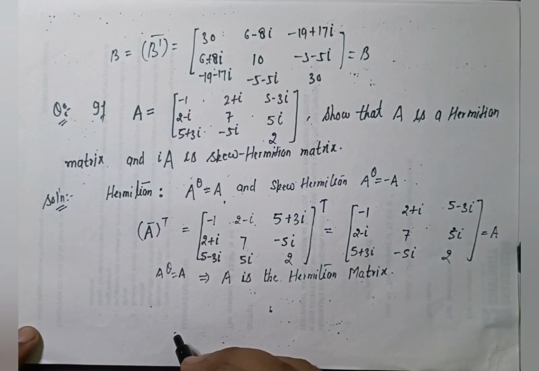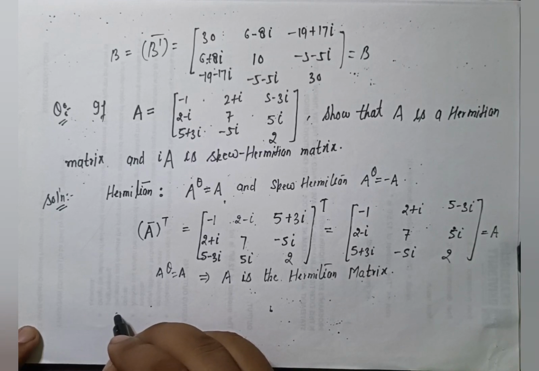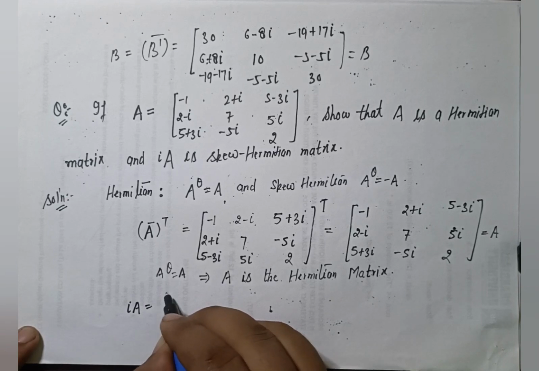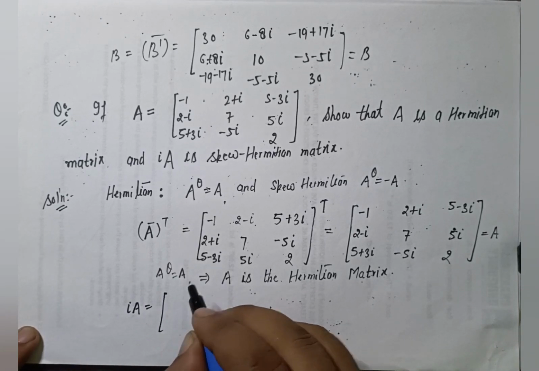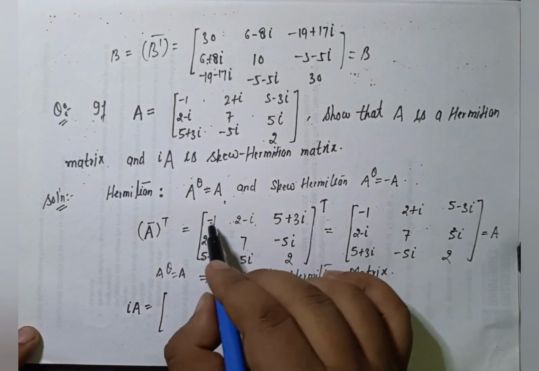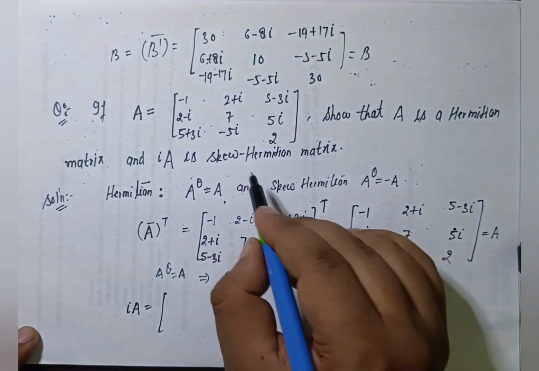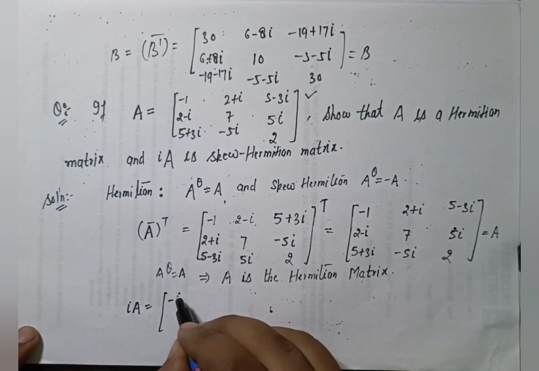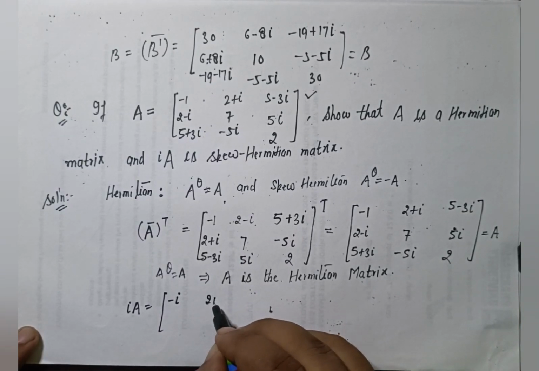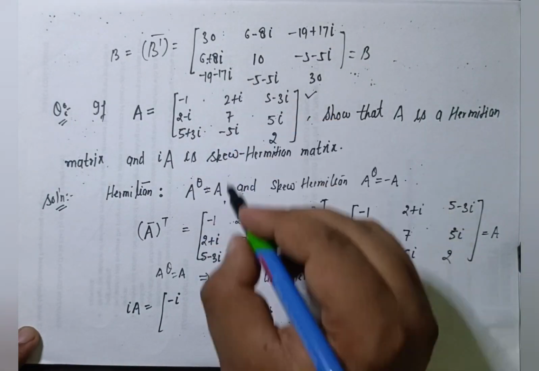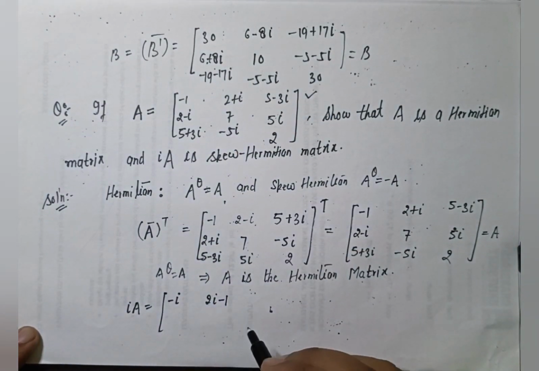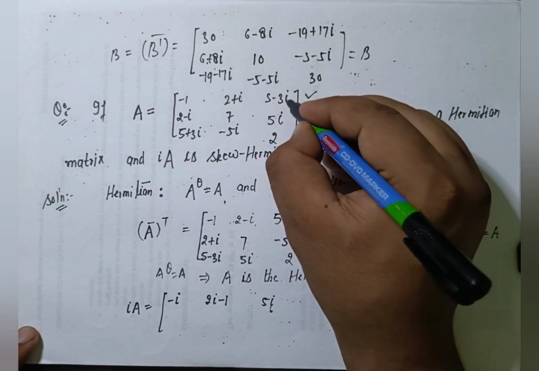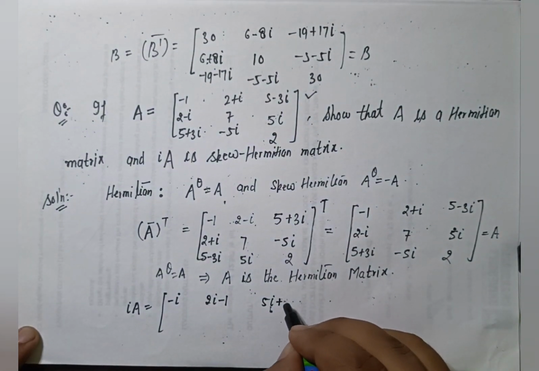For the skew Hermitian matrix, first of all, we write iota into A. We multiply the matrix A by iota. So it is minus iota and 2 iota, and iota square will be minus 1. And 5 iota, and iota square will be minus 1, that is plus 3.